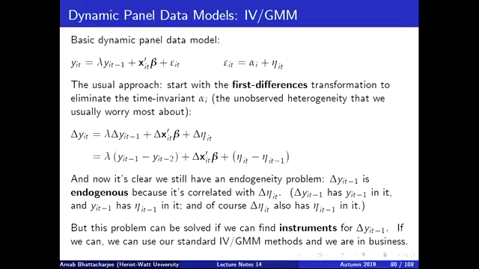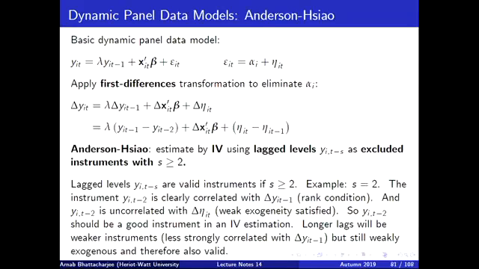If your lambda is not 0, then it is correlated. Is it correlated with the errors? No, it is not. So yit minus 3 can work as well, and so on. You can use several instruments here. So lagged levels yit minus s are valid instruments if s is greater than or equal to 2, and here there is a discussion of some of these.